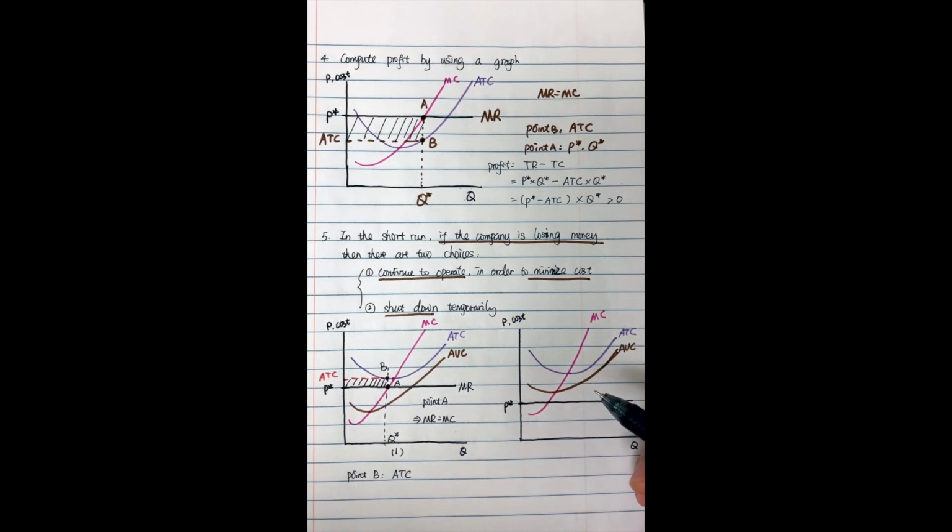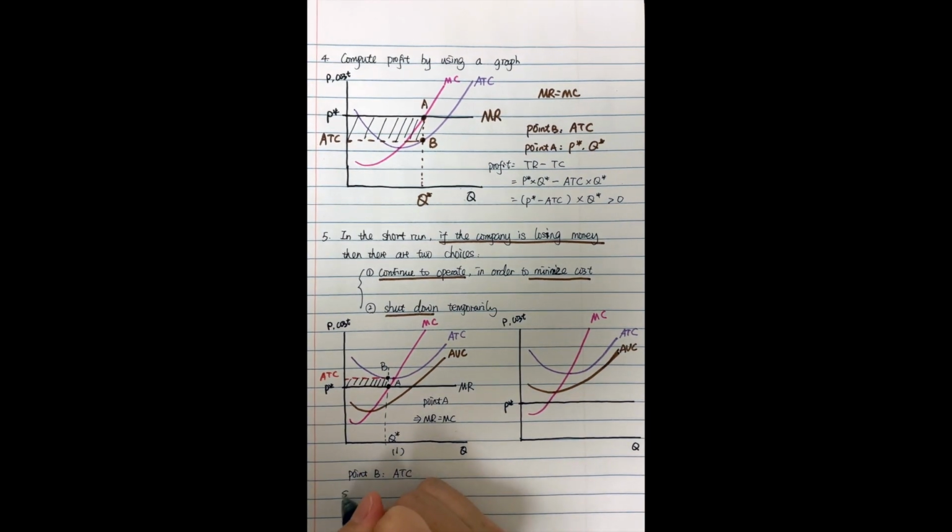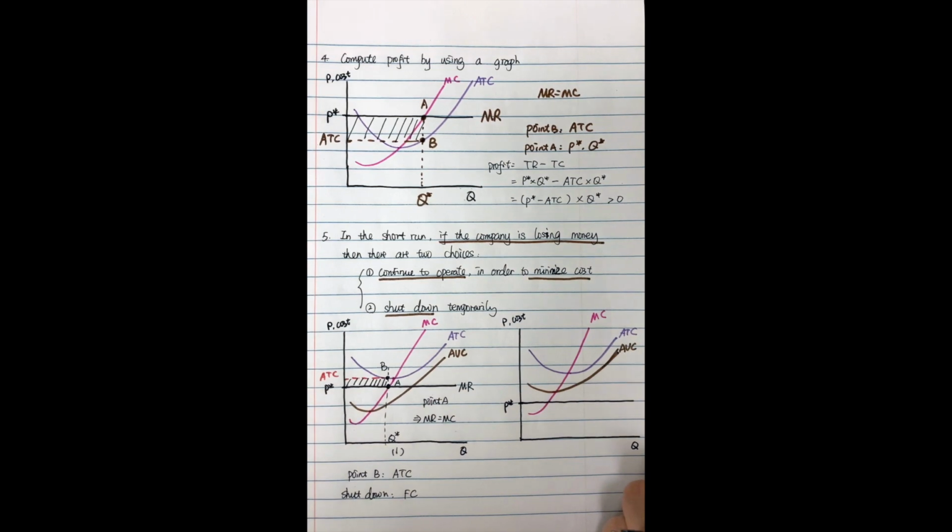And if the firm just leaves or shuts down the business temporarily, what does the firm lose? Shut down the business, the loss will be the fixed cost, right? The fixed cost, because firms have already put in the fixed cost.